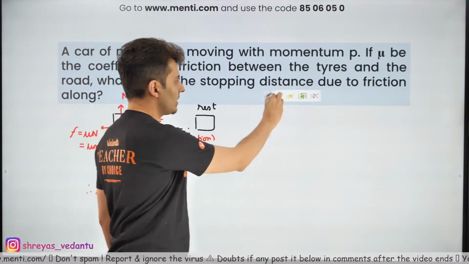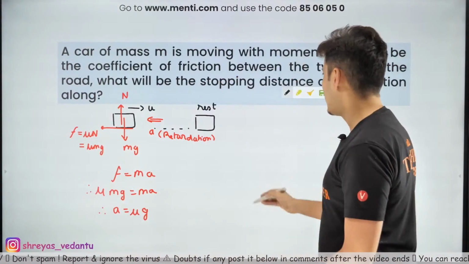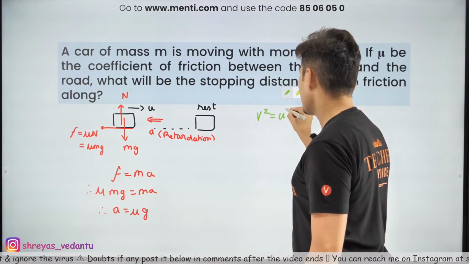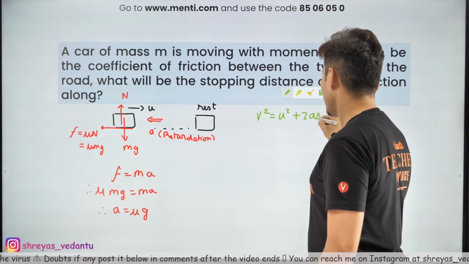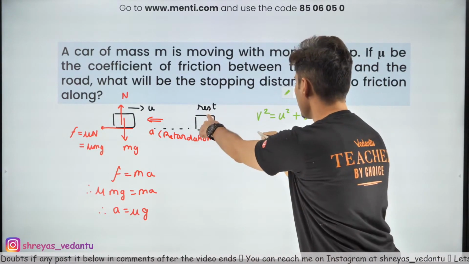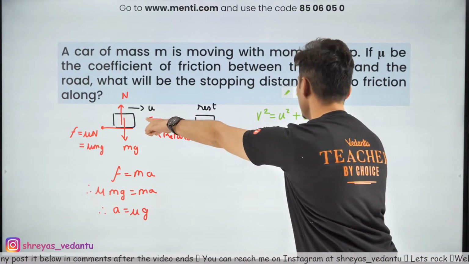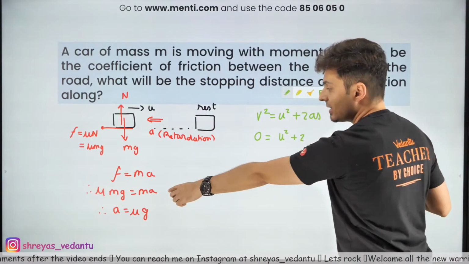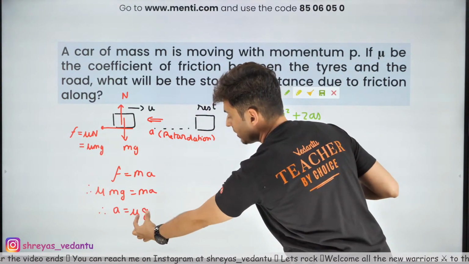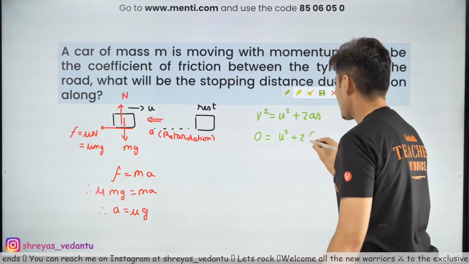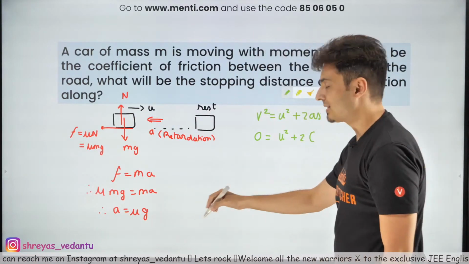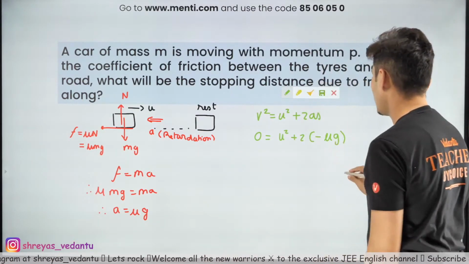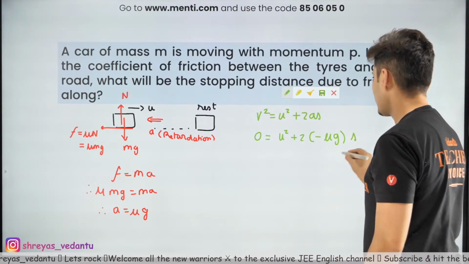Now, it's all about substituting in kinematic equations. See, our kinematic equation is v square is u square plus 2as. Final velocity 0. Initial velocity u. 2 into acceleration. I know it is given as mu g over here, but actually it is negative. Think about it. This is only the magnitude of the acceleration. So actually it is negative because it is retardation or deceleration into s.